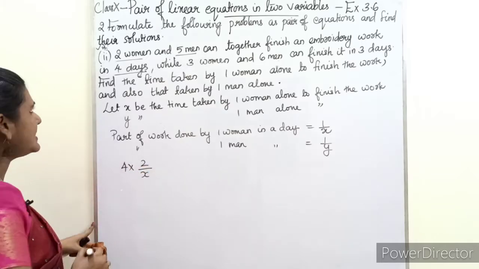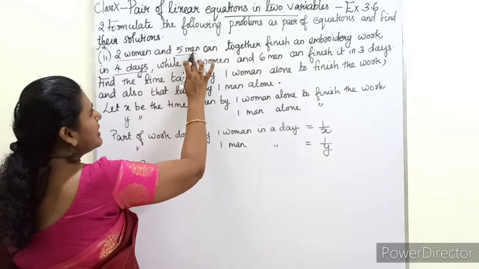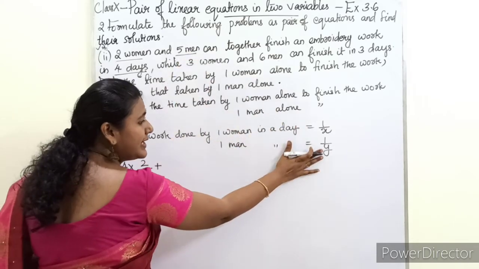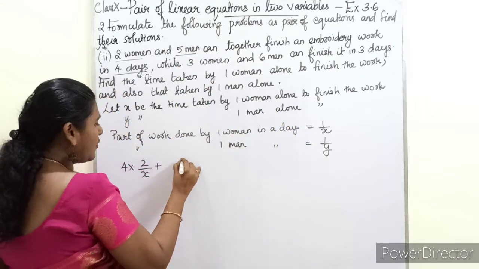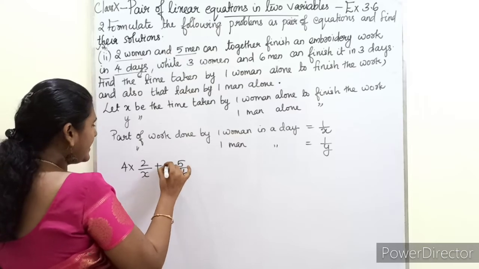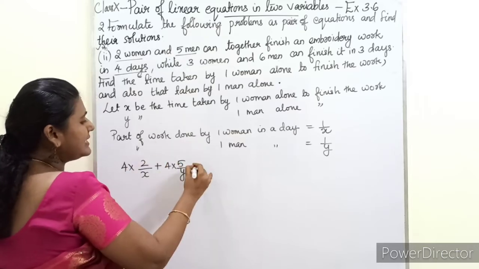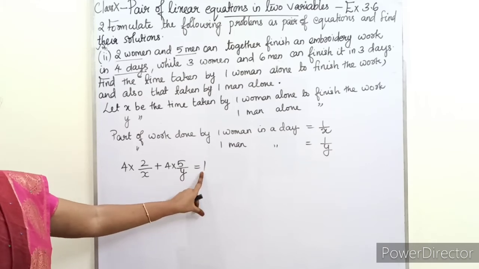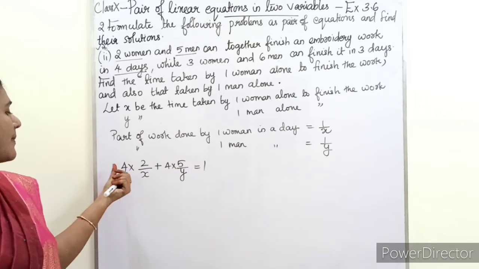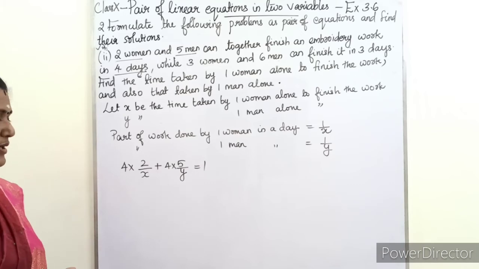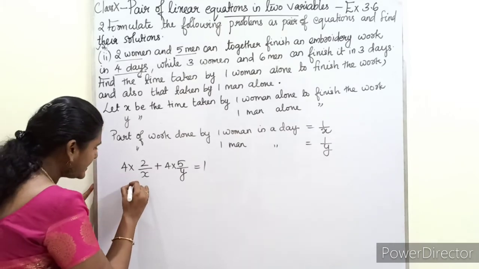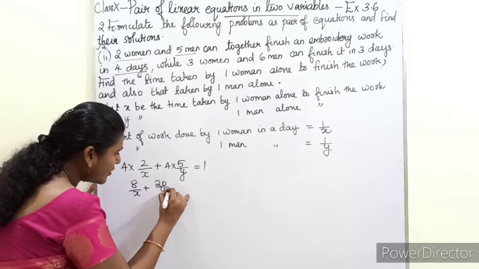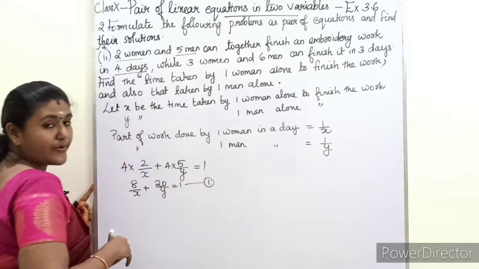And similarly 5 men: what is the fraction of work done by 5 men in a day? 5 by y, for 4 days. The entire work getting completed is equal to 1. Why is this 1? Because the entire work is complete in 4 days. So we get 8 by x plus 20 by y is equal to 1. This is our first equation.